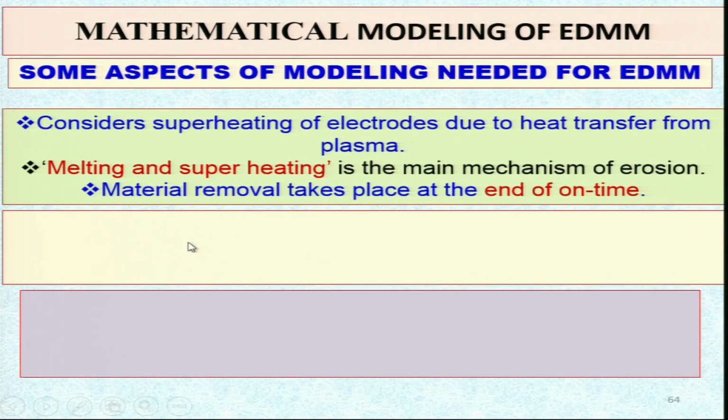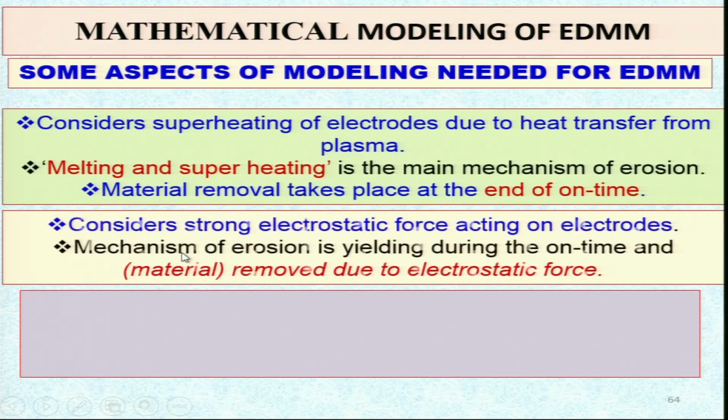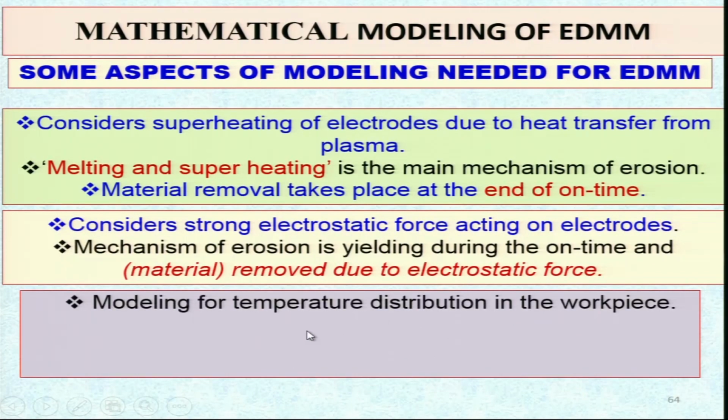So, something should be developed so that the electrode gap is cleaned and you can have better performance of the process. It considers strong electrostatic force acting on the electrodes. The mechanism of erosion is yielding during the on time and material removed due to electrostatic force. Apart from the flow of the dielectric, this electrostatic force also helps in removal of the material from the gap.